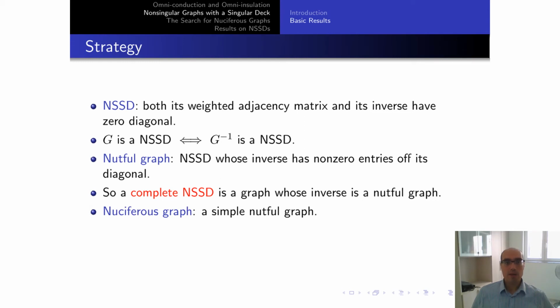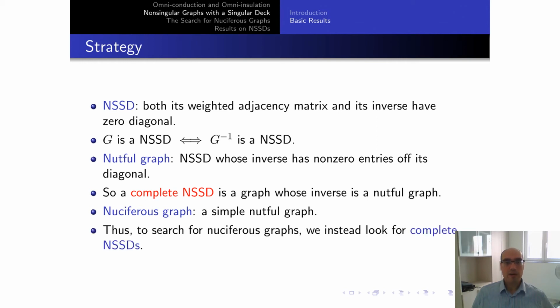A nuciferous graph is a simple NUT full graph, so a NUT full graph which does not have weighted edges. So how do we find nuciferous graphs then? We can find nuciferous graphs perhaps by looking for complete NSSDs. If we find a complete NSSD, which means a complete graph with weighted edges that is an NSSD, whose inverse has zero diagonal, the inverse I've just mentioned will be a NUT full graph.